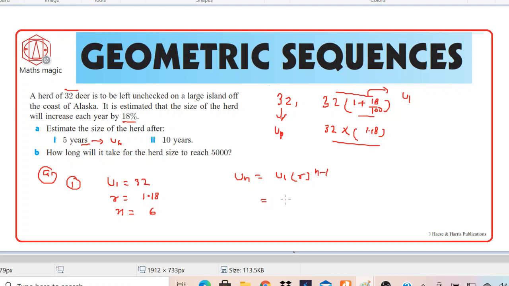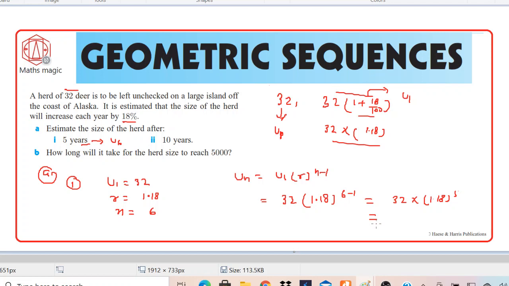U1 over here is 32 and r is 1.18 to the power 6 minus 1, which is 32 times 1.18 to the power 5. You can use your calculator to simplify this, and your answer is going to be approximately how many deer. I left this for you. If you don't get the correct answer, you can get back to me for sure.